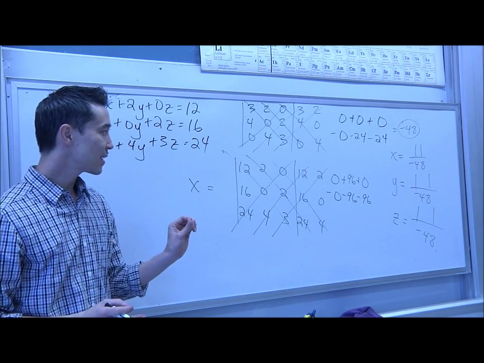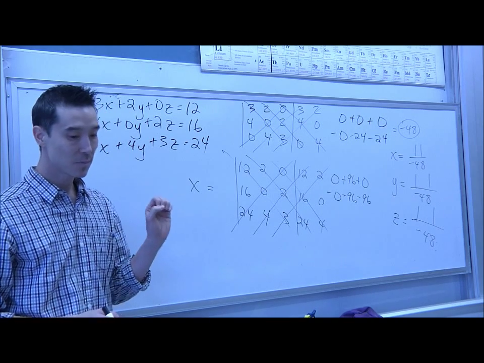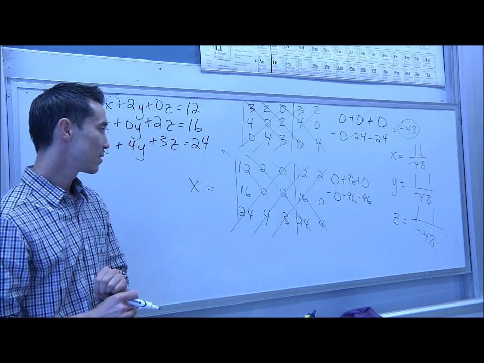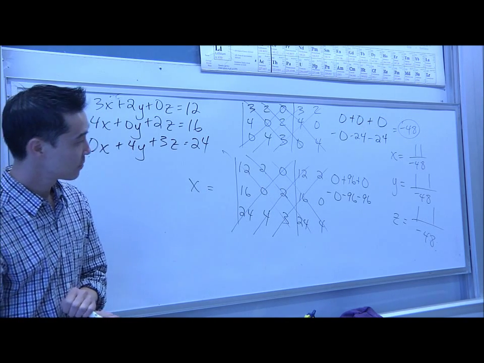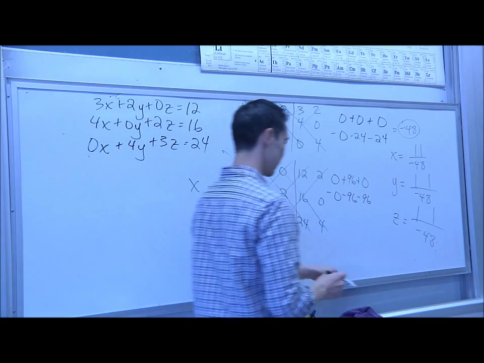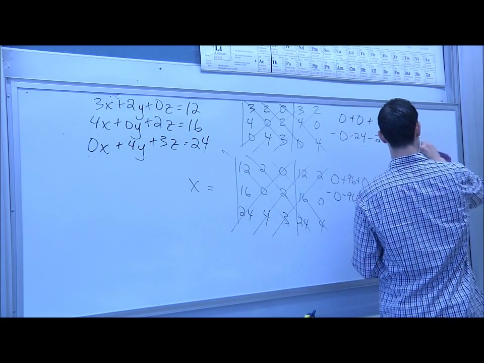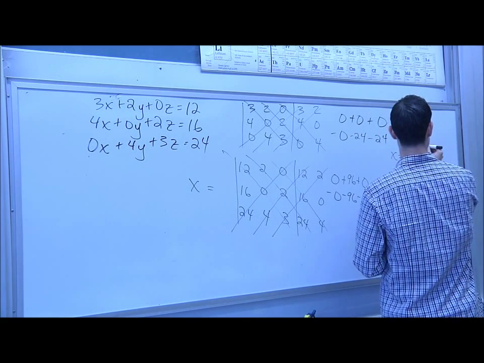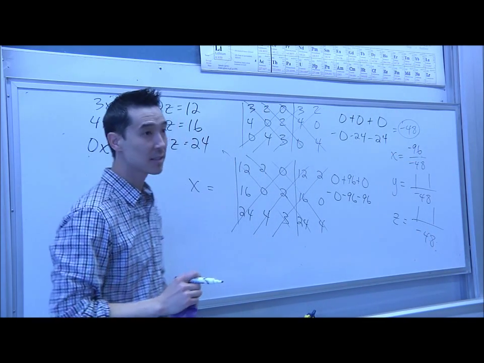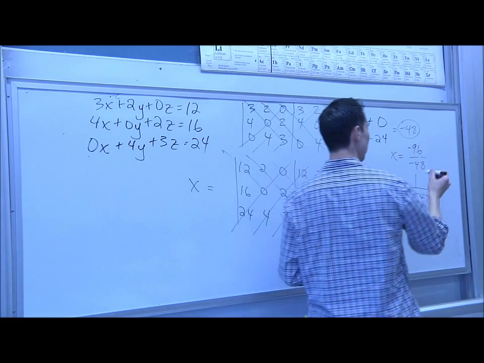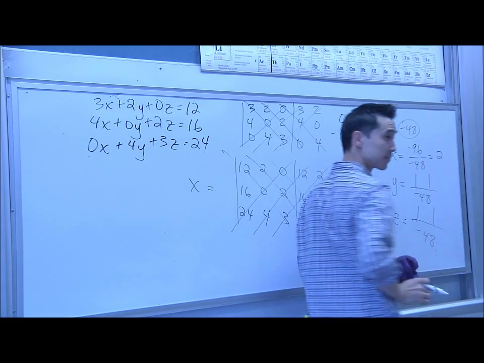So I have 96, minus 96, minus 96. Negative 96. What is negative 96 divided by negative 48? Positive 2. And we are done with x, guys. X is 2.